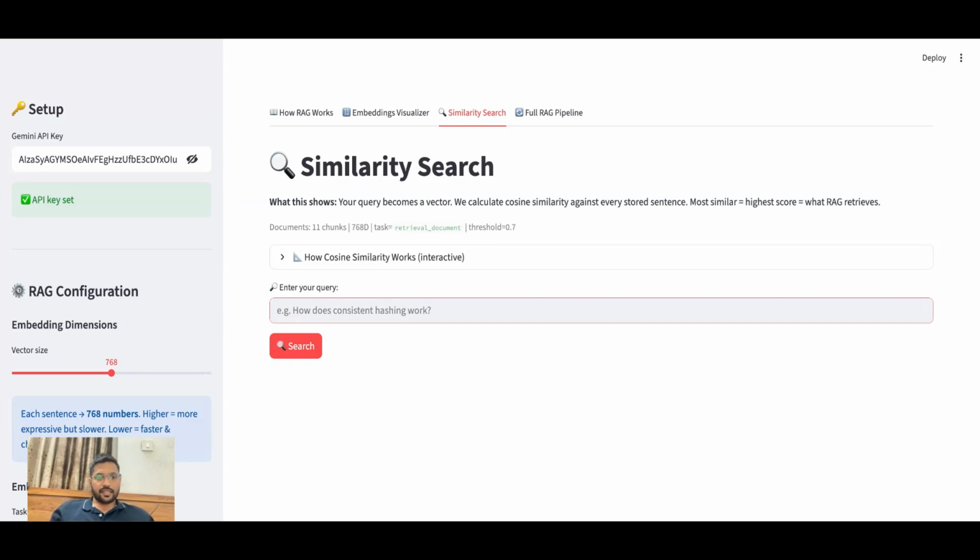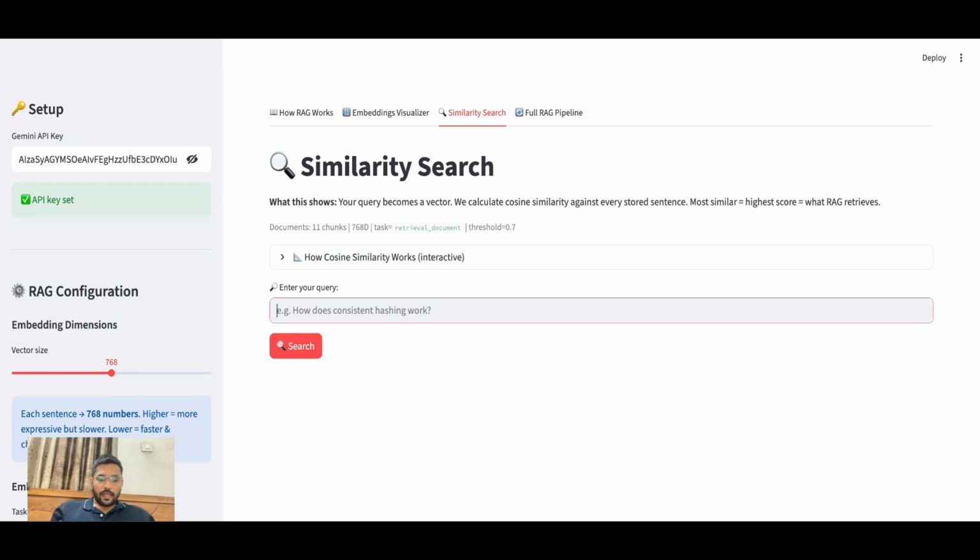We can ask any question, for example, and this pipeline will do cosine similarity between the embeddings of this query and the embeddings stored in the vector database, compare them and find the similarity, and based on that it finds the score.